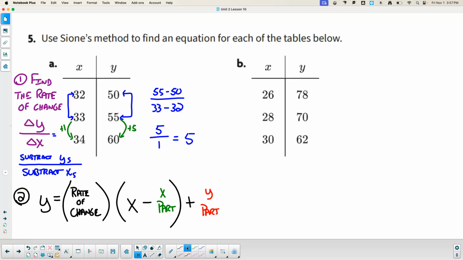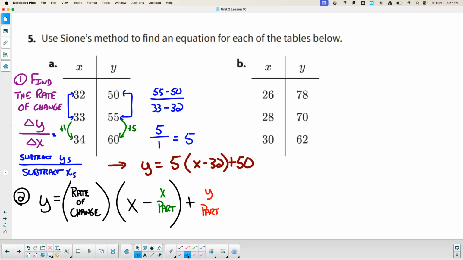Okay? So this equation for this chart would be y equals, my rate of change is 5. If I choose the first line, it would be x minus 32 plus 50.